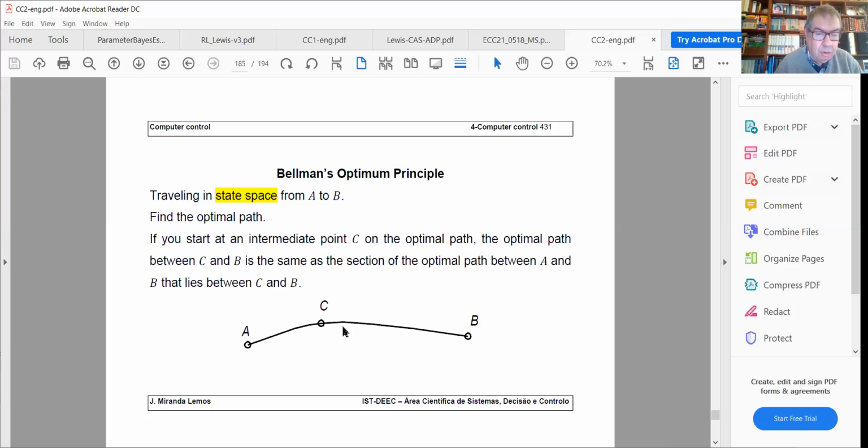You can do a formal proof, but it's quite intuitive that it would be the same that you would follow if you started from A. So if you start at any intermediate point in the optimal path, the remaining optimal path is the same that you would take if you were starting from the beginning at A. Okay, this is deceptively simple. It's Bellman's optimal principle, and let's see how we can use it.